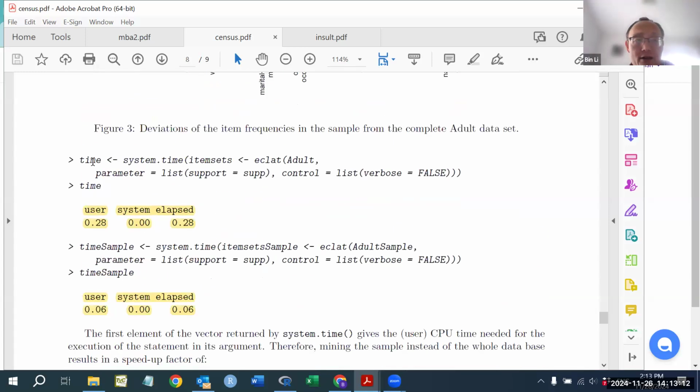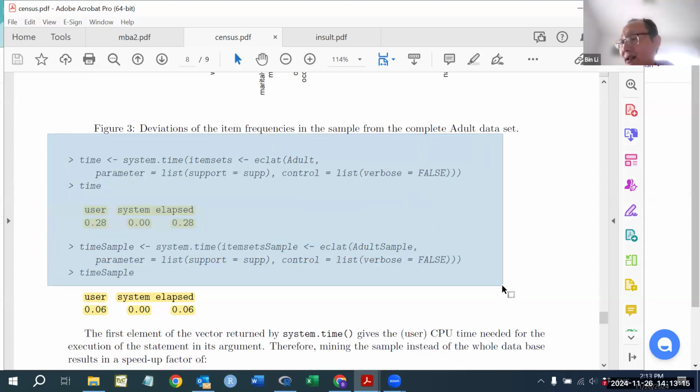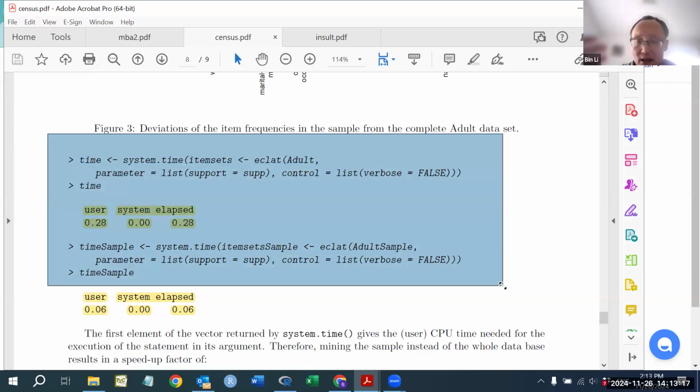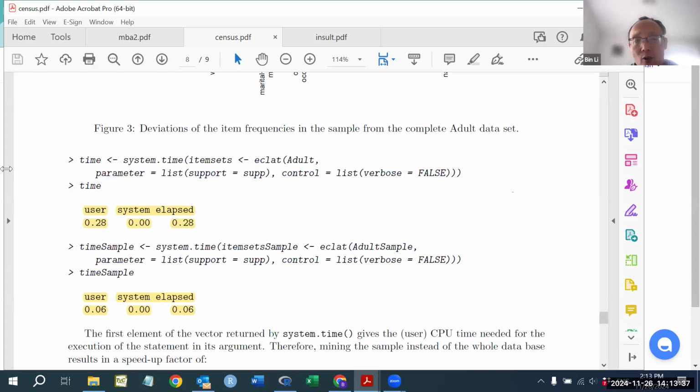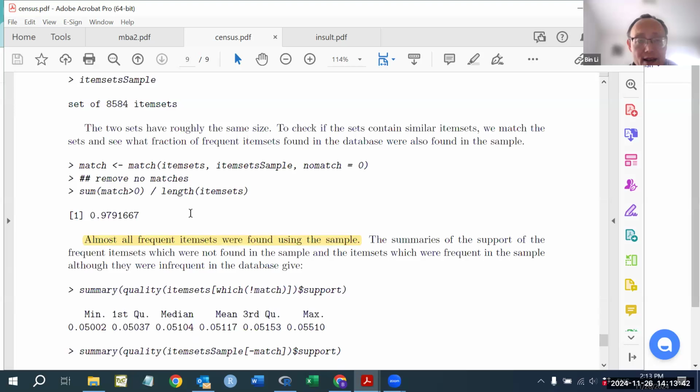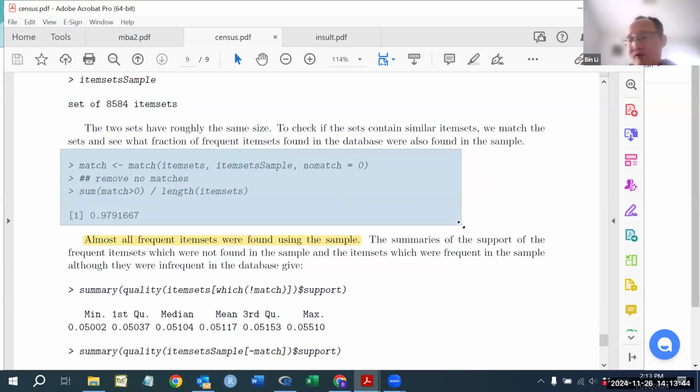And the next is just to compare the item frequencies between the random sample and the whole data set. We can see that the agreement is very good. I used the match function.